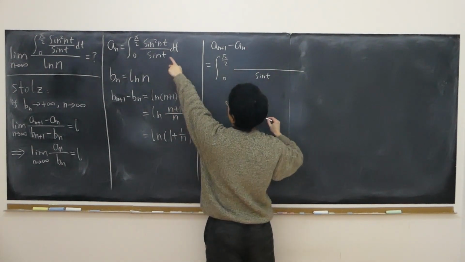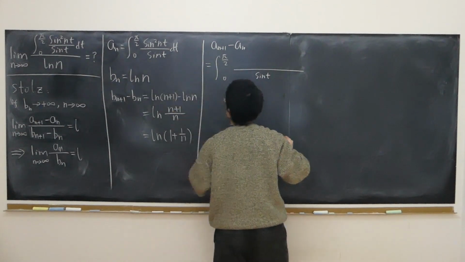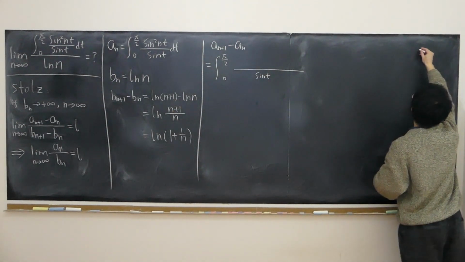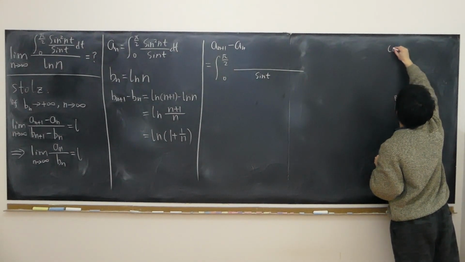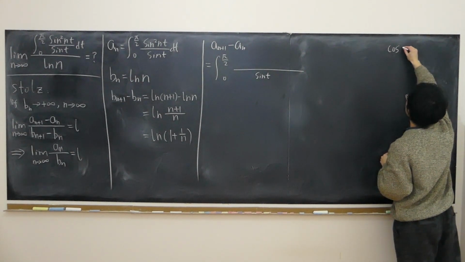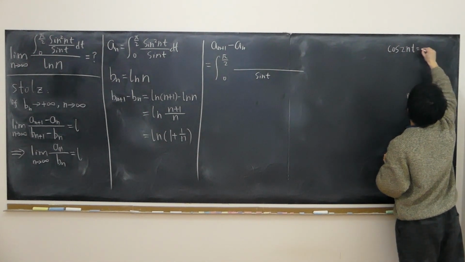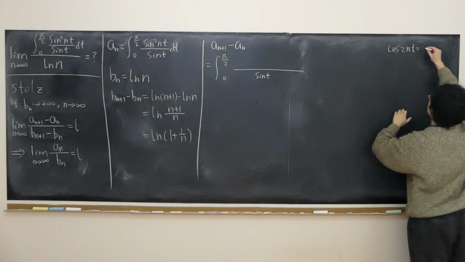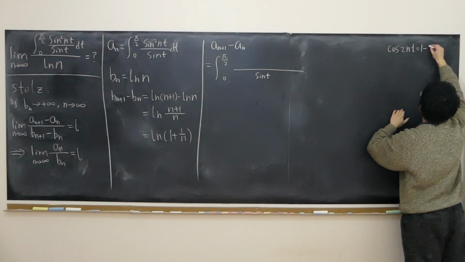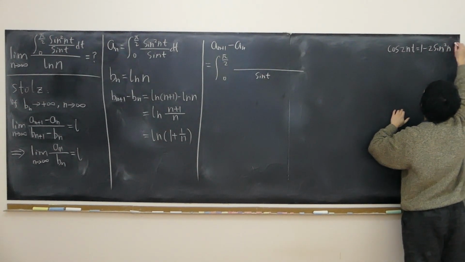But I'd like to reduce the power of the top. First of all, remember the cosine double angle formula, with twice nt, treating nt as a whole entity: cosine of 2nt equals 1 minus twice sine square nt.